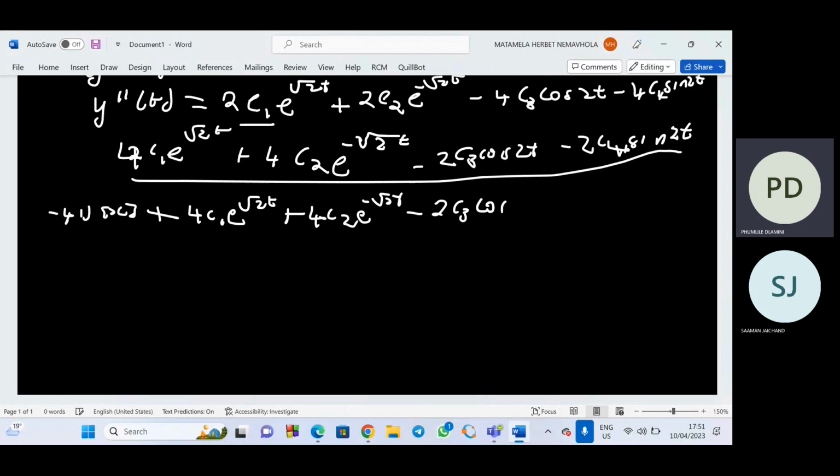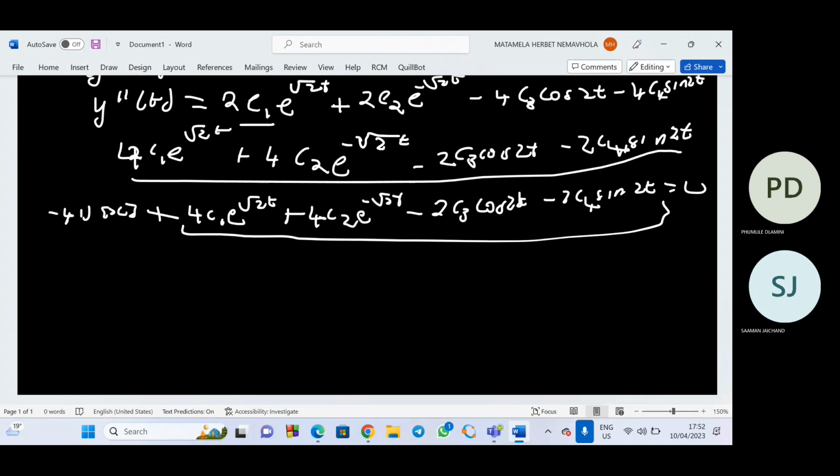We are dealing with t, and minus 2c4 sine 2t, and this is equal to 0. Then we're going to take everything starting from this side to the right hand side. Then we're going to be left with minus 4d of x, which is on the side of x, and it is going to be equal to, when you take it across, it's going to give us a negative sign.